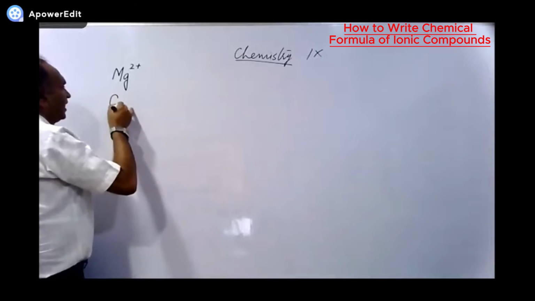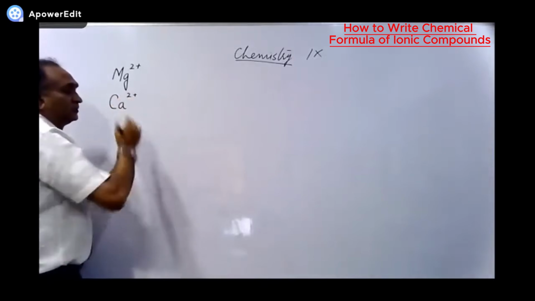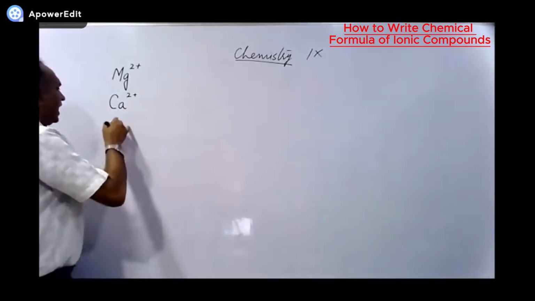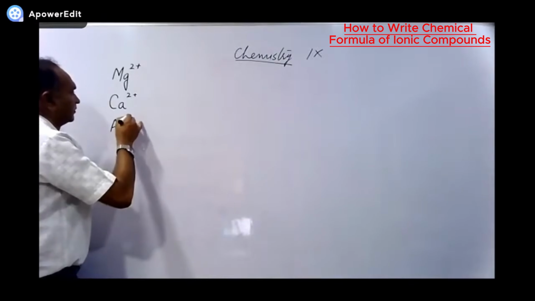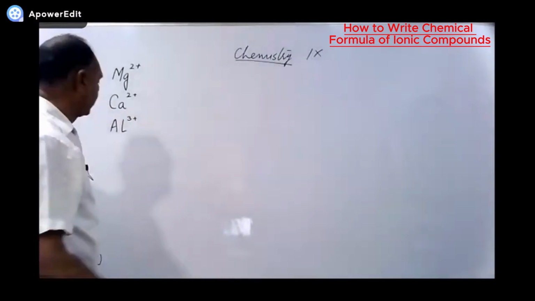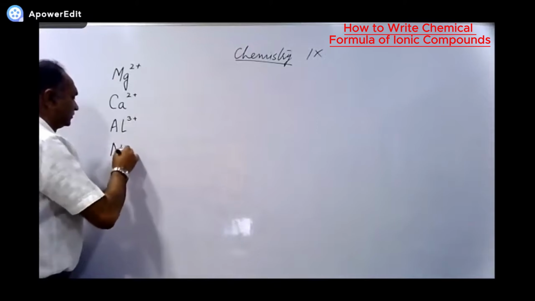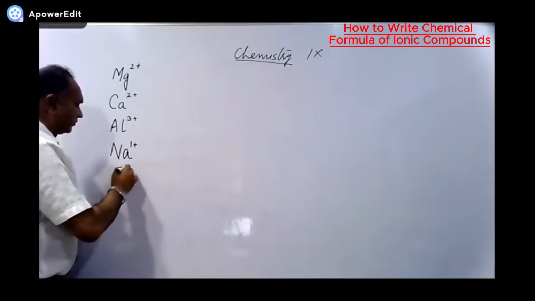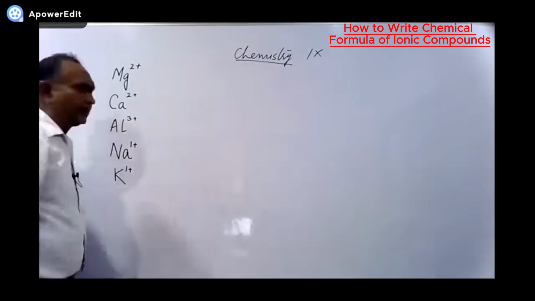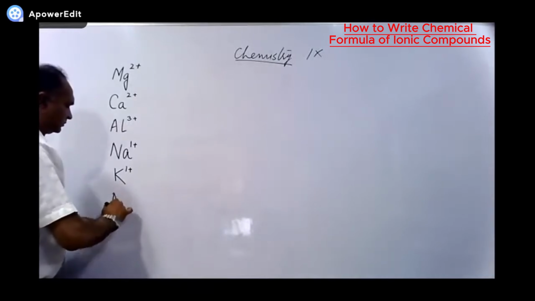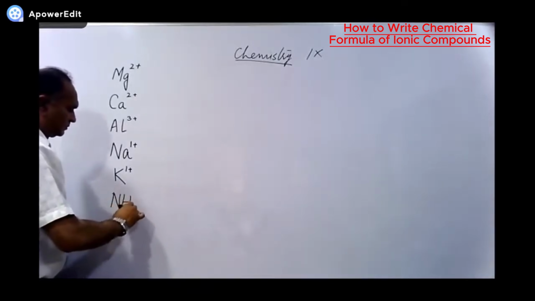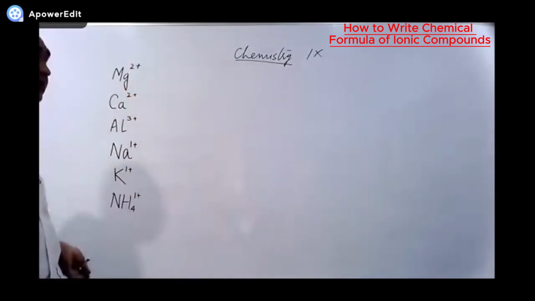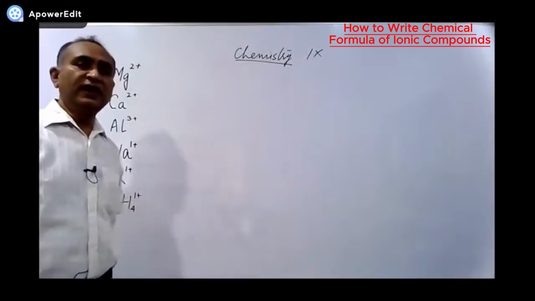Or calcium. Or aluminium. Sodium. Potassium, and so on. Ammonium. Okay? These are a few positively charged ions, so we call them cations.